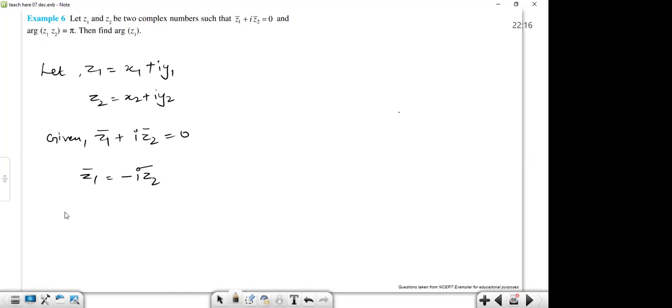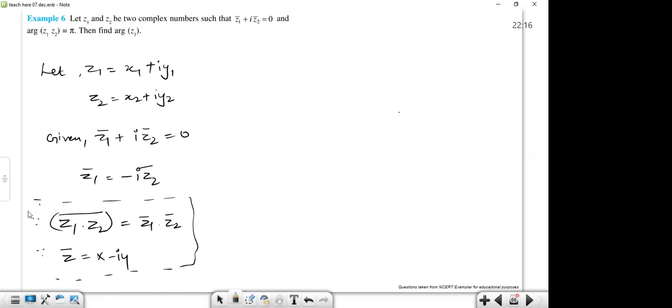We have already discussed this property, that if Z1 and Z2 are in product and we take the conjugate of both, then they can be written in this format. And as we know, the conjugate of a complex number is simply changing the sign of the imaginary part. So using these two properties, we are going to solve the question.